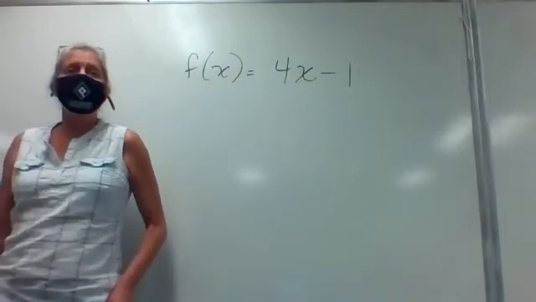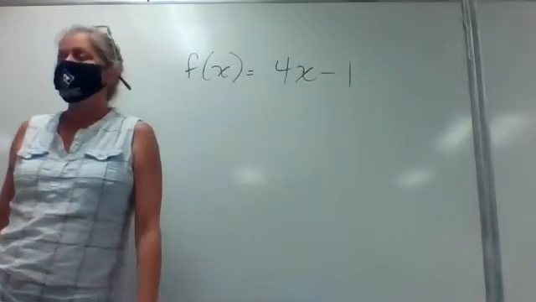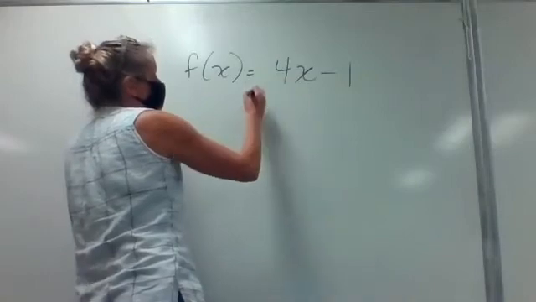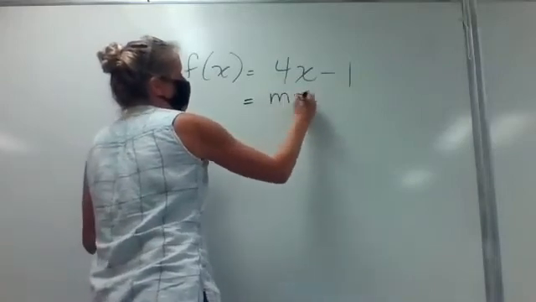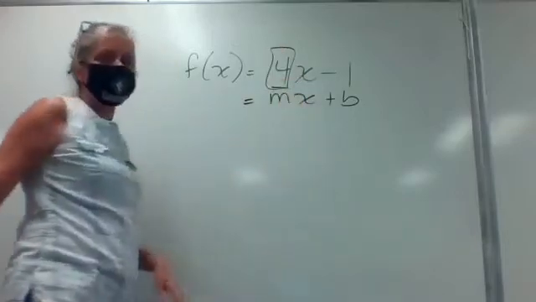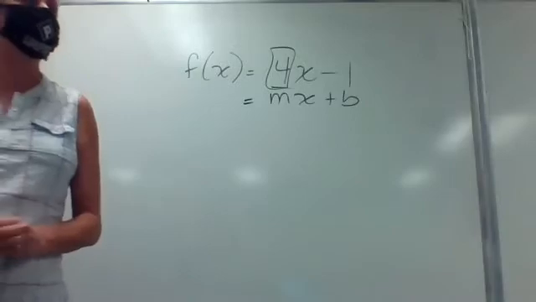Where I can look at this right here and tell what the slope of that line is. If your function is linear, this side right here is called your mx plus b, where the number in your m position is your slope. The number hooked onto the x is the slope of the line.